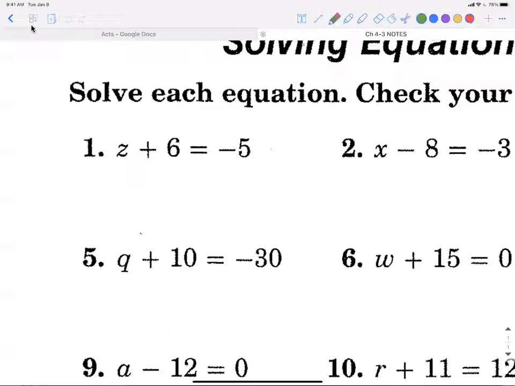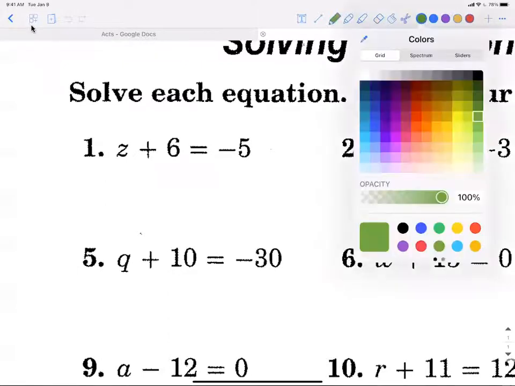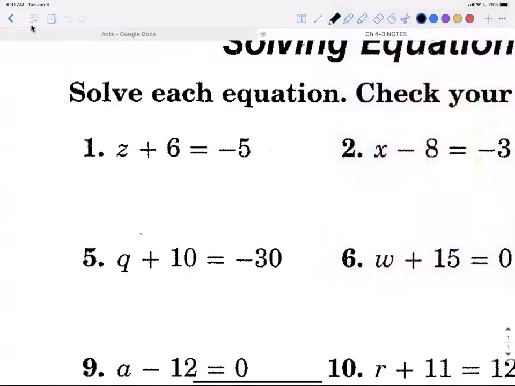It's a terrible drawing of a scale, but think of a scale that you're balancing. Right now it's balanced because this is the way the problem starts. You want to always keep your scale balanced. That means if you do something to one side of the equation, you have to do the exact same thing to the other side, or else it gets uneven.